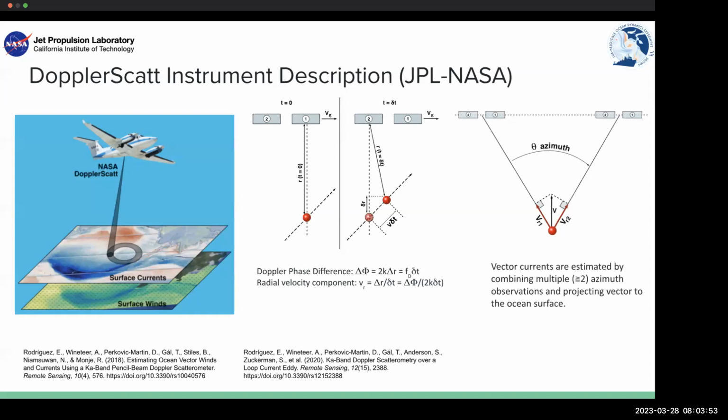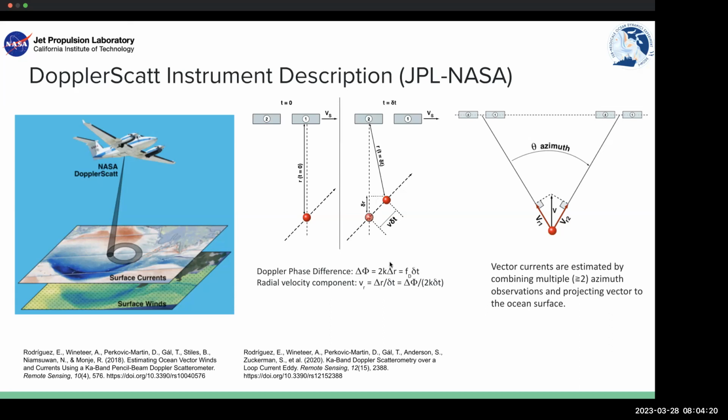So the Doppler scatterometer that I will be talking about is something called Doppler Scat. It's a JPL instrument. Dragan Perkovic-Martin is the PI. And it works on a very simple principle that's used in many other ocean sensors. It sends out a pulse, and a very short time afterwards, it sends out another pulse, and then it can measure the phase difference between these two pulses.